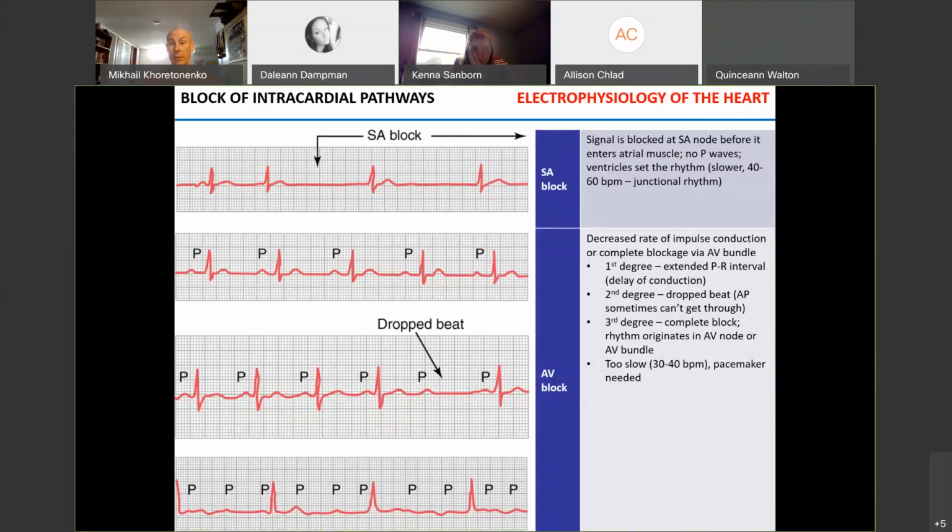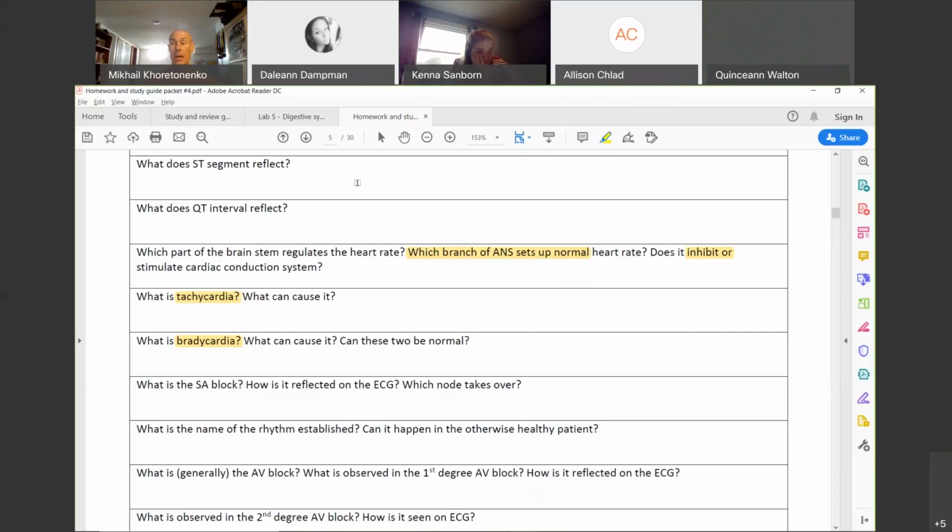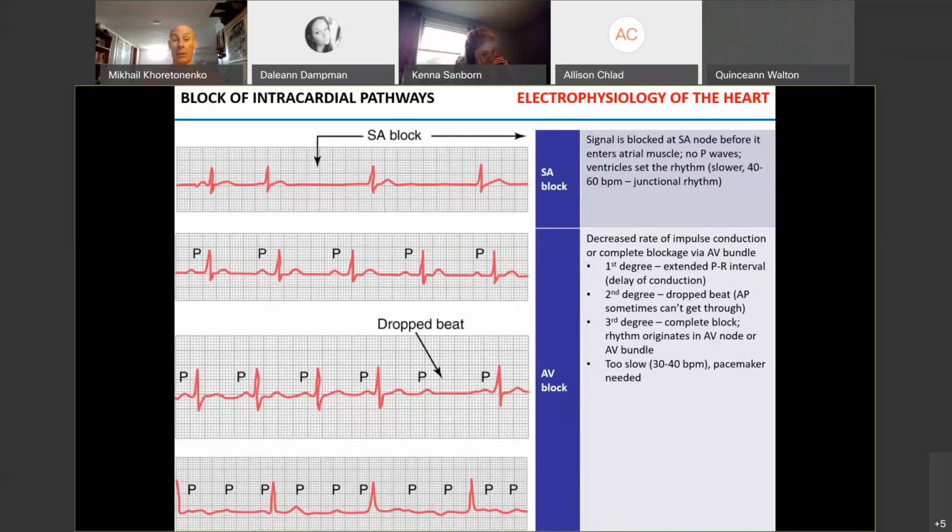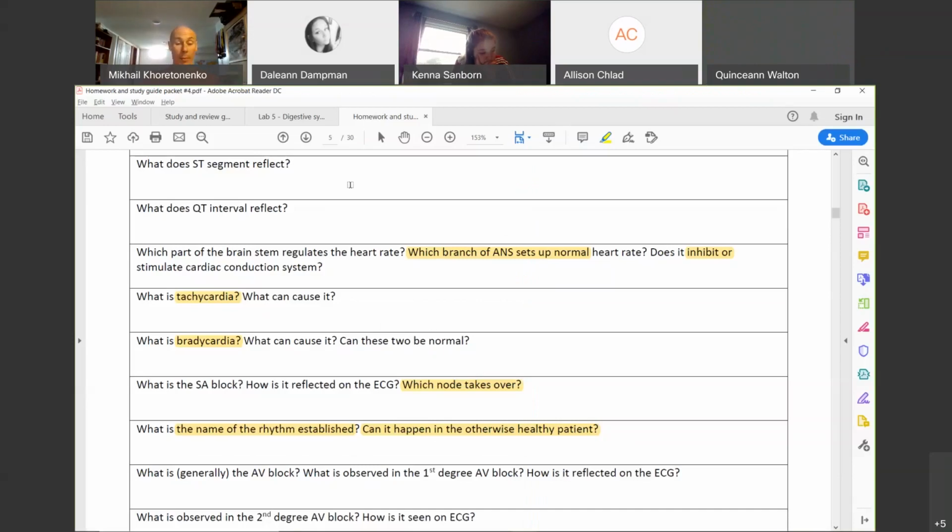Now, if you don't have a P wave, the SA node is not a pacemaker anymore. So what takes over as a pacemaker? The AV node. Which rhythm is established? Junctional rhythm. Can it happen in an otherwise healthy patient? Now, junctional rhythm is not normal in a healthy patient, but can you see SA block once in a while in a normal patient? Sometimes, yes. If it's chronic and consistent, then you have a problem. Patient with a problematic heart.